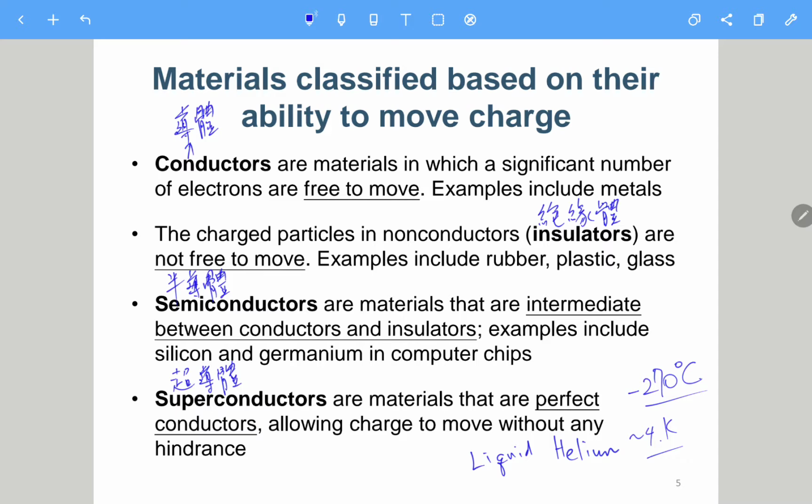This material doesn't have any resistance or power loss, which is quite good, but it is difficult to make this phenomenon occur.